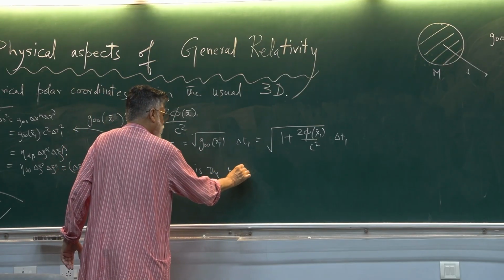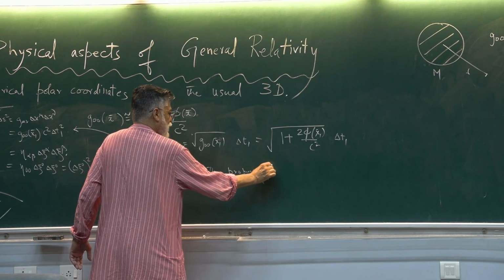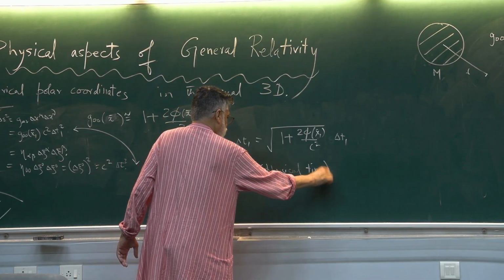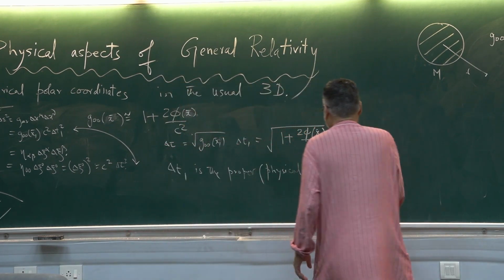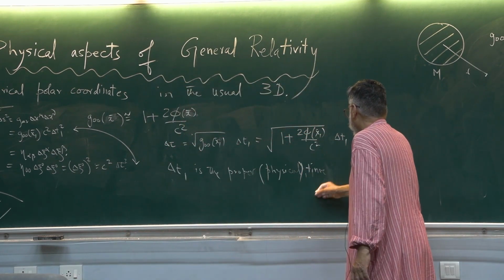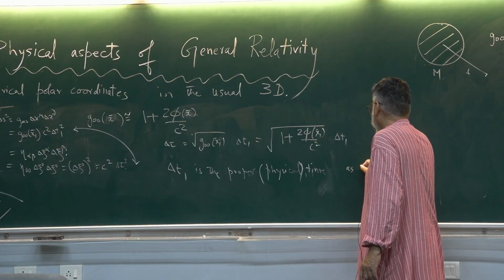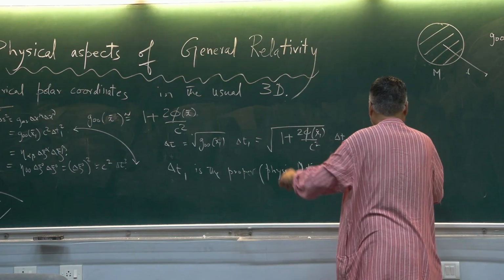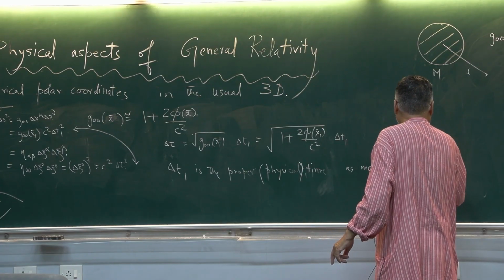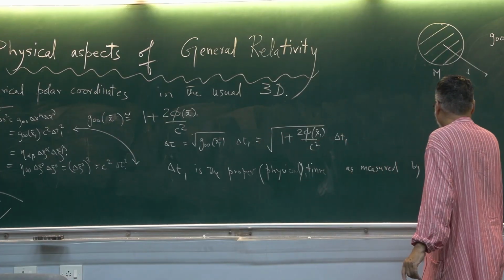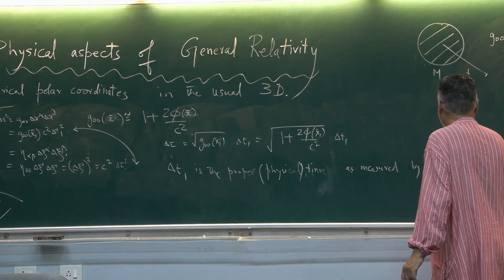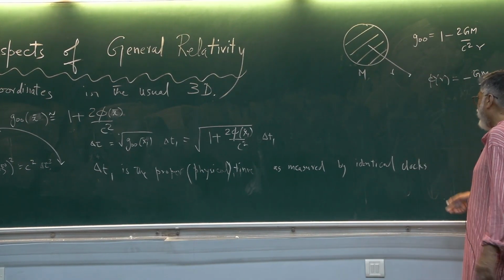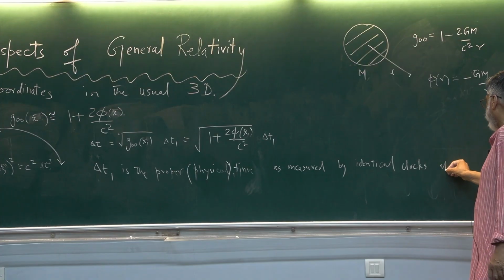It is the proper or physical time as measured by identical clocks of the kind of this clock, by identical clocks at spatial infinity, by an inertial observer at spatial infinity.